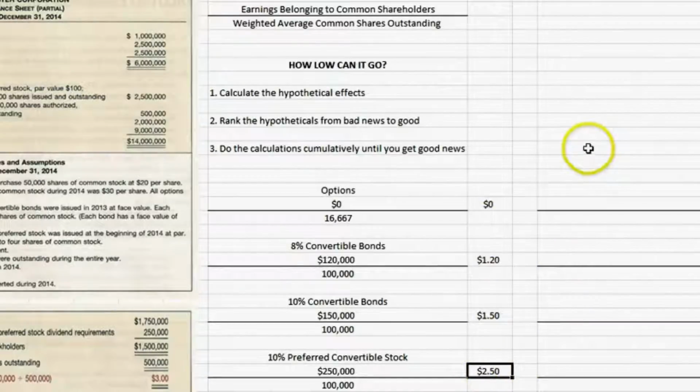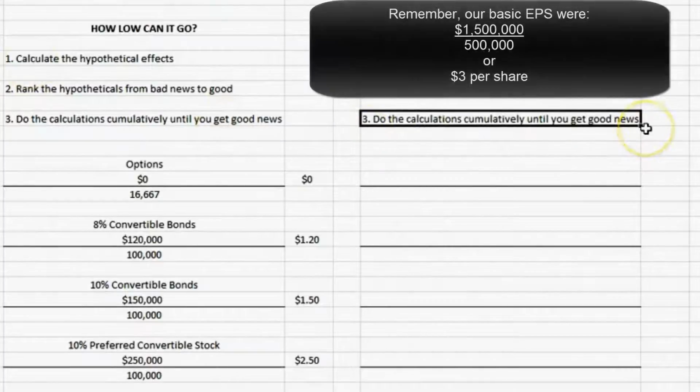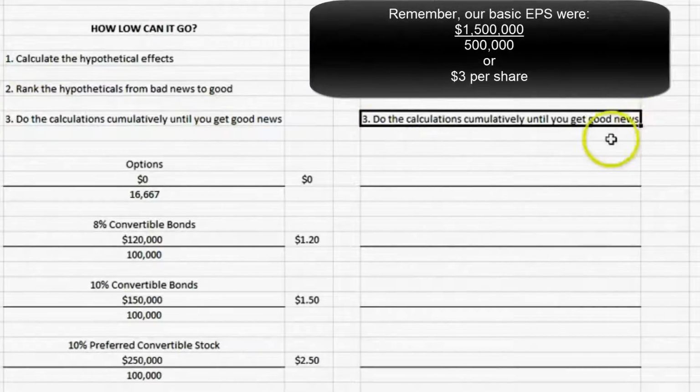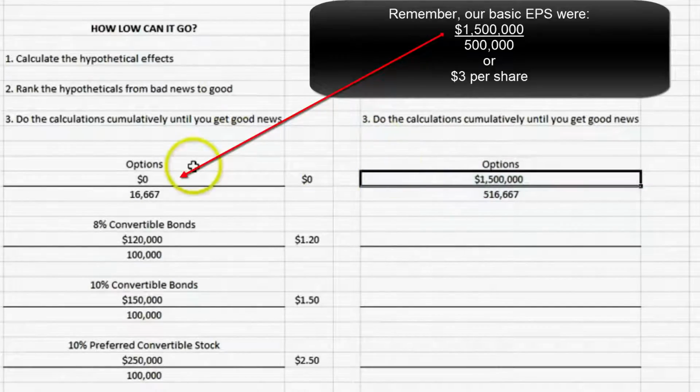All right, so now let's do step 3 over here. Do the calculations cumulatively until we get some good news. All right, so what are we going to do? We start with this $1,000,005 here.